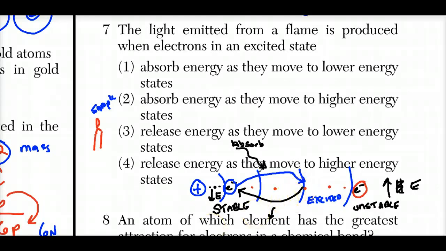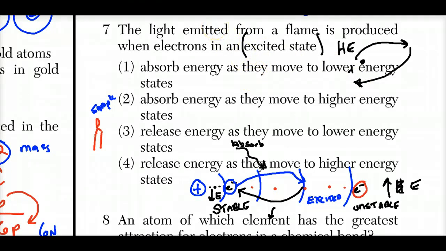So we're looking for light emitted from a flame, produced by electrons in an excited state, that's the state where we have high energy, which means they must have jumped from their low energy state controlled by the nucleus, and now they're going to leap back to that low energy state, and they're going to release energy.